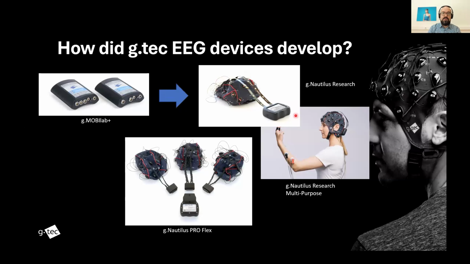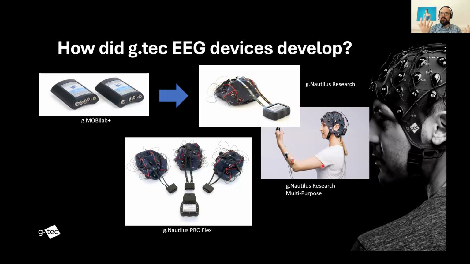And the biggest change is that you have the connection via Wi-Fi. So we stopped the Bluetooth for the research devices, and we have a Wi-Fi protocol that doesn't allow interference from other devices, as only the receiver can read this amplifier, which is sitting on the back of the head.